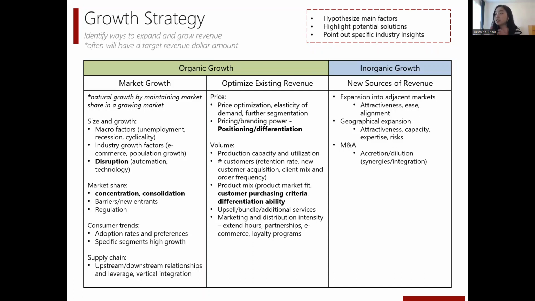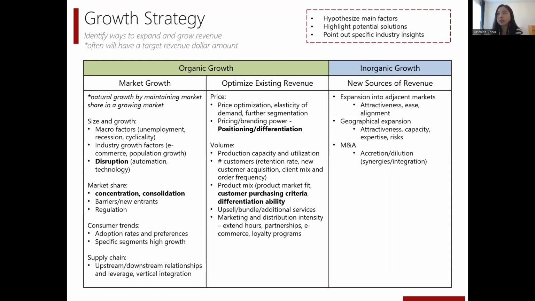Second thing is geographical expansion. So same industry, but maybe if you're a North American company, you want to expand into the Asia Pacific region. Same thing: attractiveness, capacity, expertise of doing so, and then the risks. And then the last thing is M&A, so mergers and acquisitions.